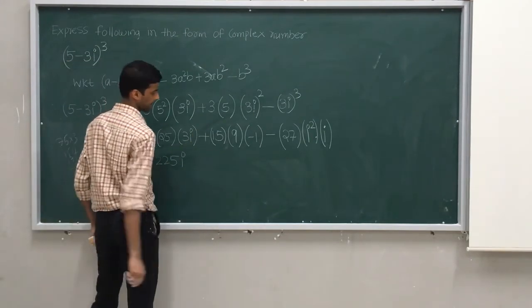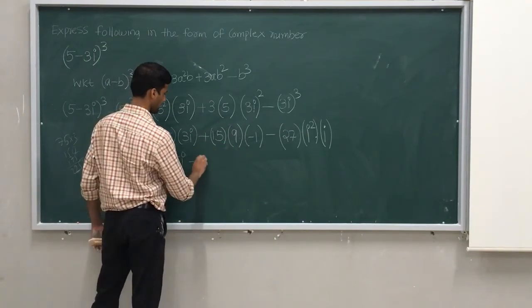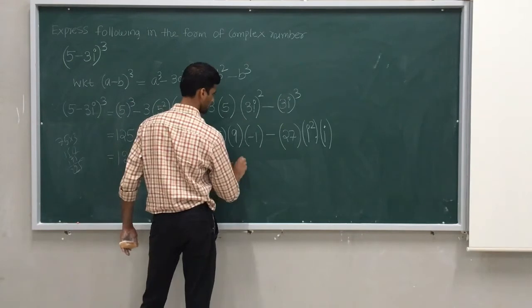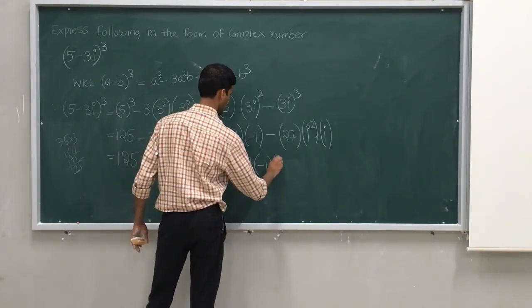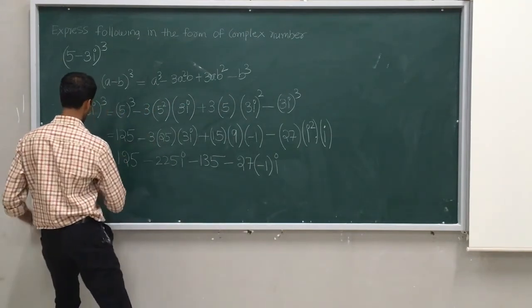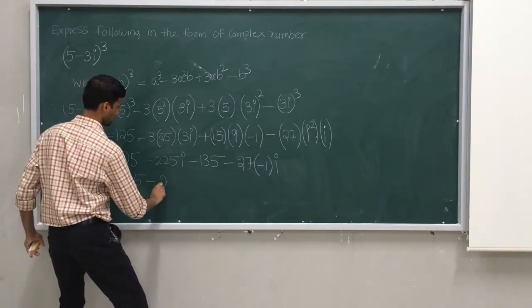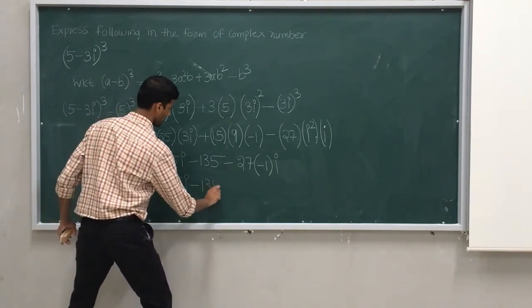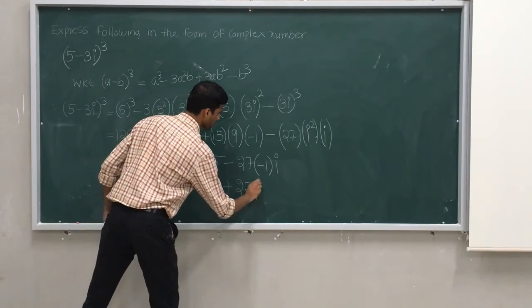So 15 nines are 135, plus into minus minus it is 135. So minus 27, i square is minus 1 into i. It is nothing but 125 minus 225i minus 135 minus minus becomes plus 27i.